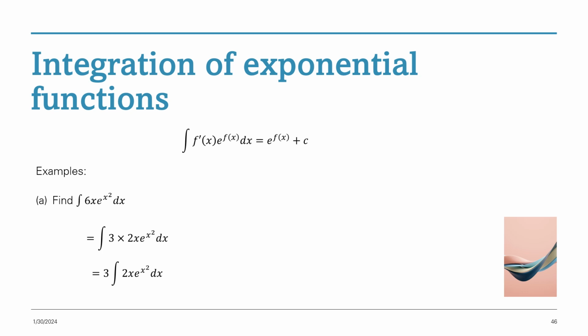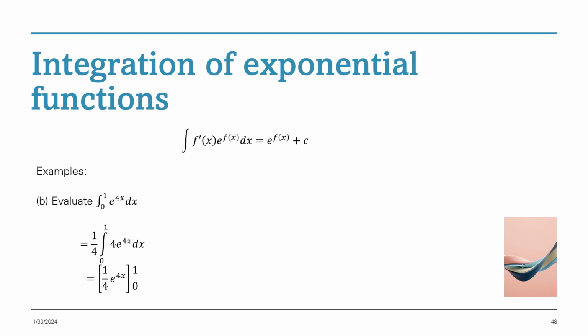So I need 2x out the front, but I've got 6x, and 6x is 3 lots of 2x. So I take the 3 out the front. Now I've got 3 lots of e to the x squared. That's using our integration formula from our formula sheet.